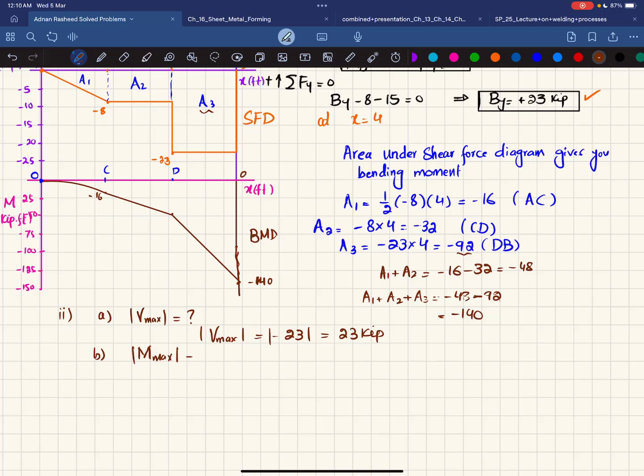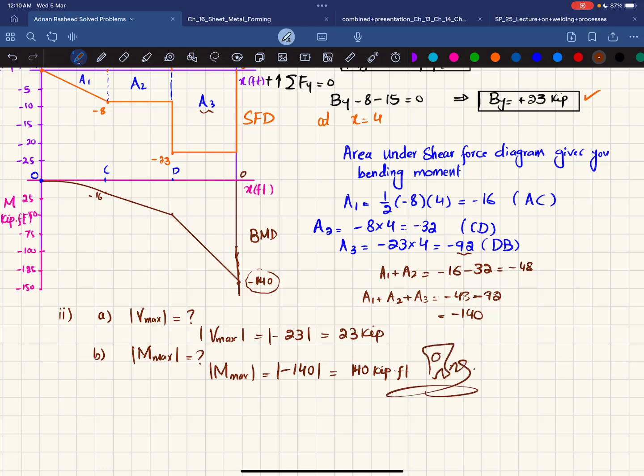And from this diagram, you can see the maximum absolute bending value is 140. So I can write the maximum absolute value is minus 140 mod, and that will give you 140 kips into feet. And which is the answer of our second part.